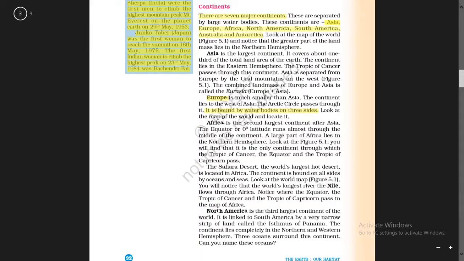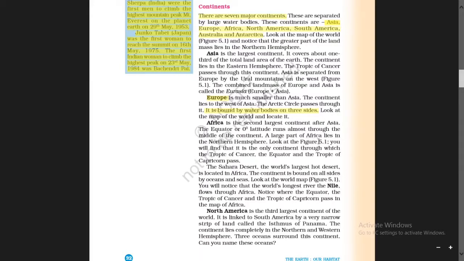Africa. Africa is the second largest continent after Asia. So in position, in size, boys, it is the second largest continent. The equator, or 0 degree latitude, runs almost through the middle of the continent. A large part of Africa lies in the northern hemisphere.